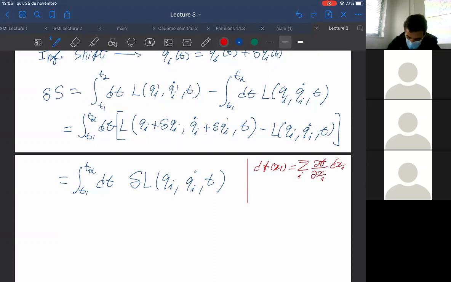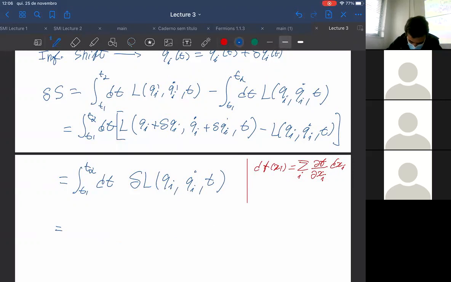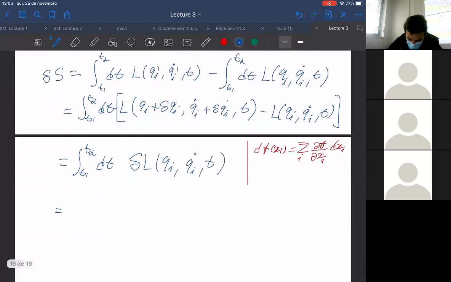So you use simply the same, the analog, but for functionals. Let me keep this here to be aligned with the other sheet above. So this is the integral from t1 to t2 of dt, and now we do just the expansion.